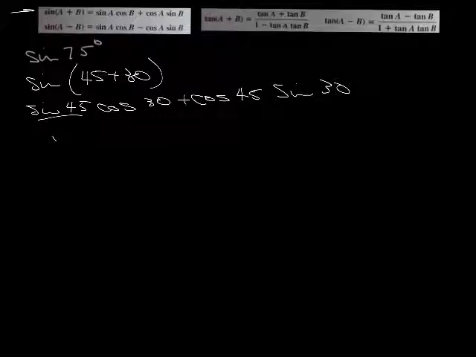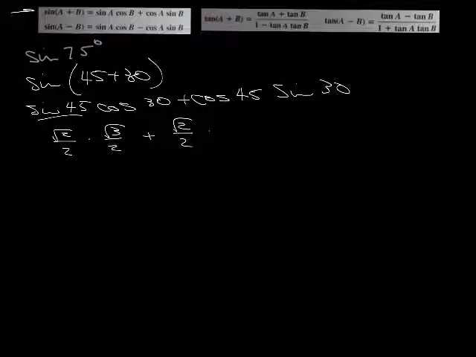Sine of 45, square root of 2 over 2. Cosine of 30 is square root of 3 over 2. Plus cosine of 45, square root of 2 over 2. So don't put these in your calculator. Cosine of 45 is not going to give you the square root of 2 over 2. Now the sine of 30 will give you 0.5, and that's okay. But whenever you have these square roots, you can't do that.